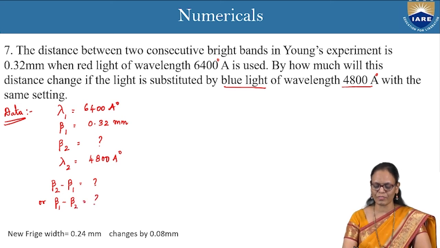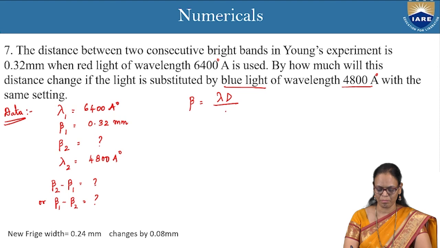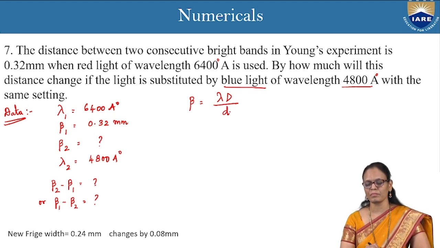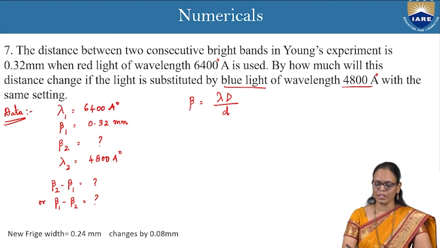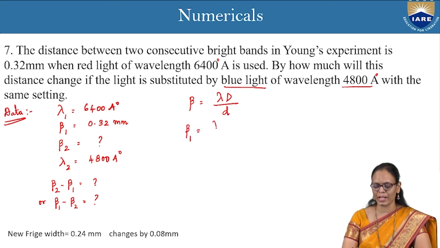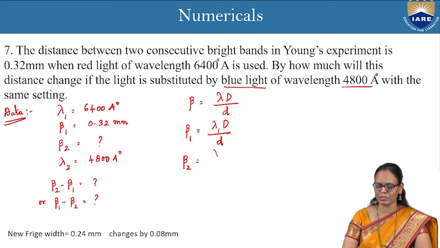So what is the formula we have for fringe width? Beta is equal to lambda D by d. In the first case, beta 1 will be equal to lambda 1 into capital D by d. In the second case, with blue light, the fringe width beta 2 is equal to lambda 2 into D by d.